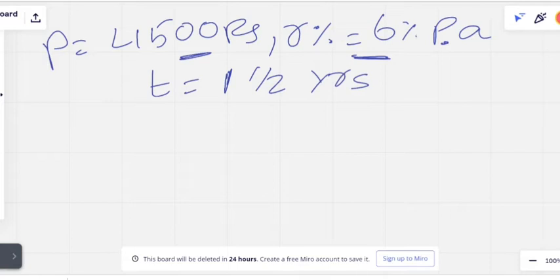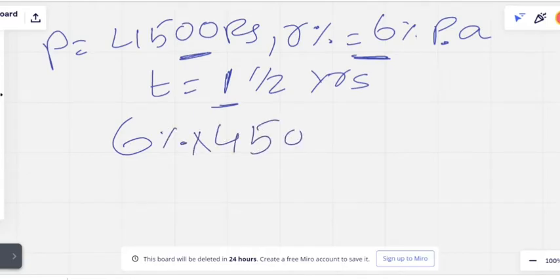First we need to calculate the interest for 1 year. If we get the interest for 1 year, it is very easy for us to calculate the half year, and then we can add it, and that is the solution. For 1 year, 6% of 4,500 is going to be our interest for the first year. Let's take it as 45,000 so it will be clearer for us.